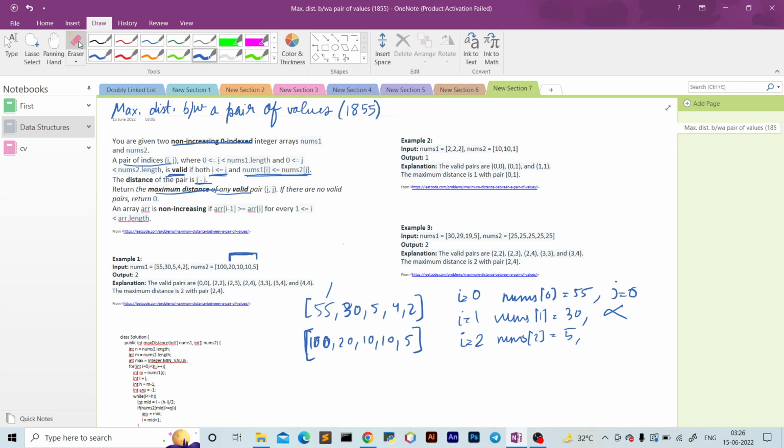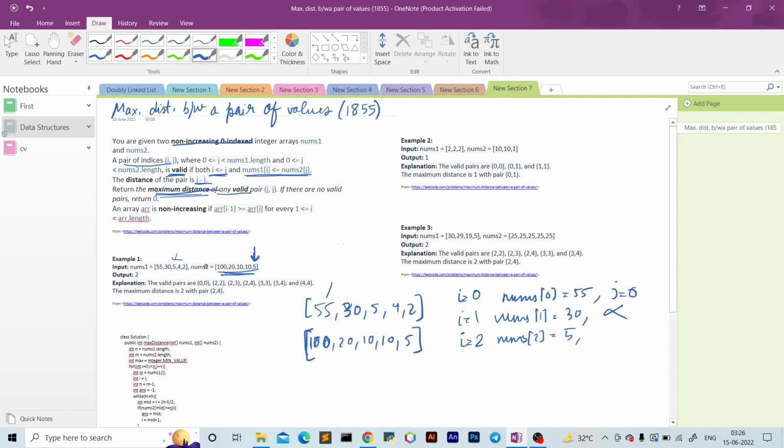Now for i equal to 2, nums1[2] is 5. All these are greater values, but we want the maximum distance. The maximum distance for this would come from the last index only.